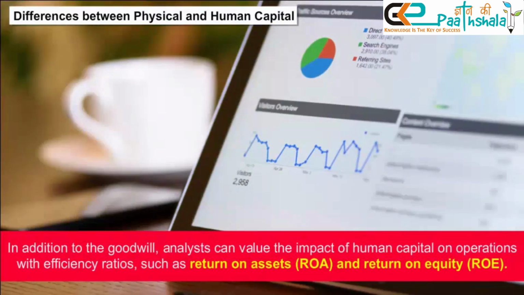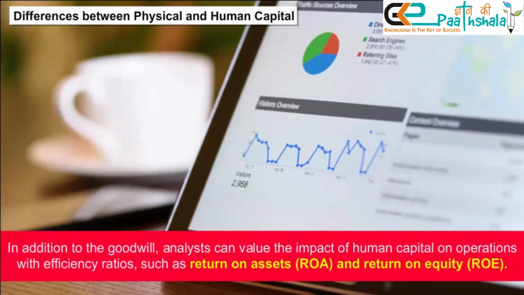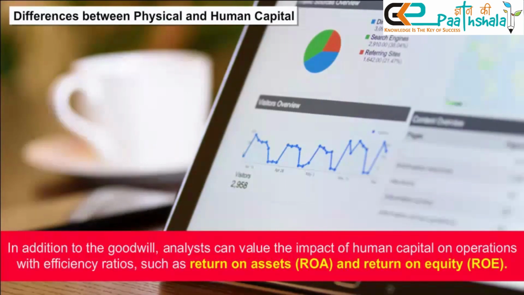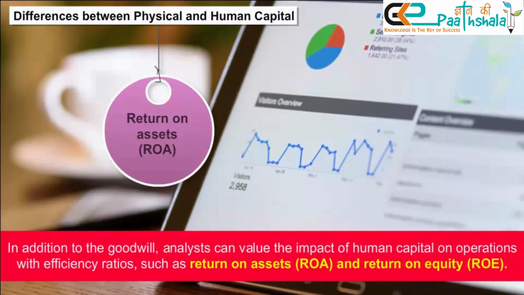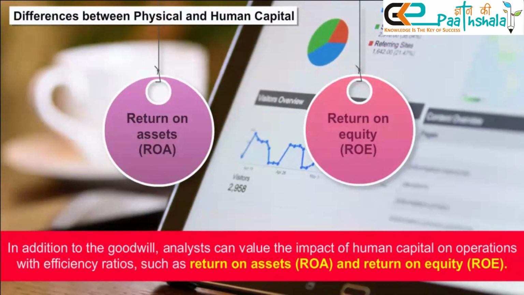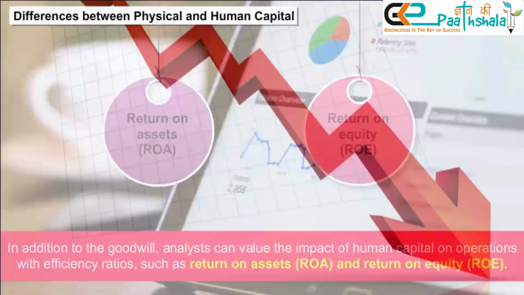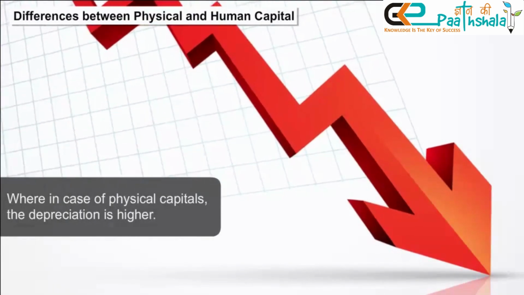In addition to the goodwill, analysts can value the impact of human capital on operations with efficiency ratios such as return on assets, that is ROA, and return on equity, that is ROE. In the case of physical capital, the depreciation is high.